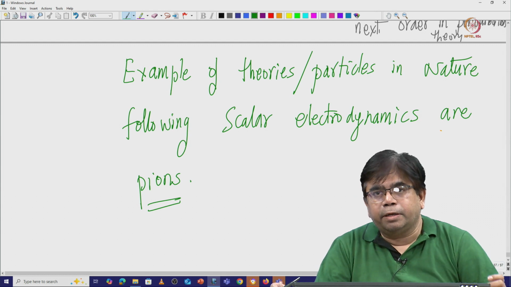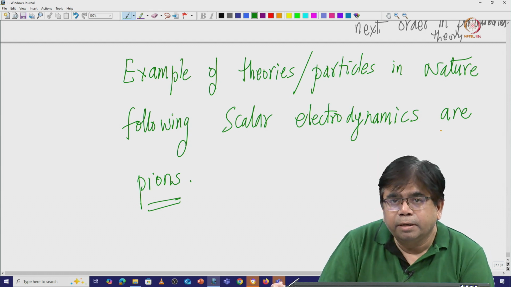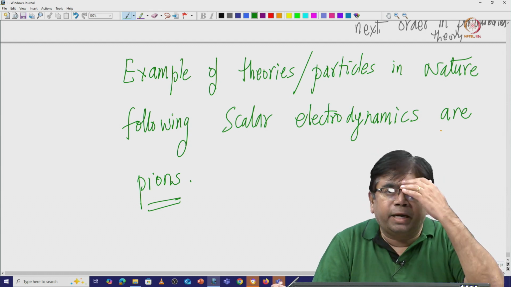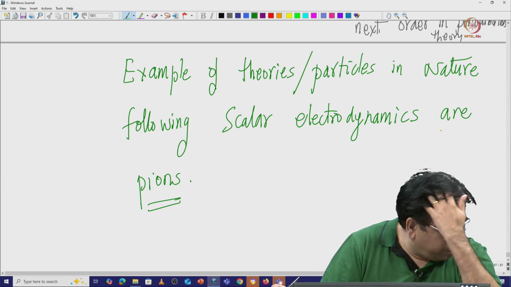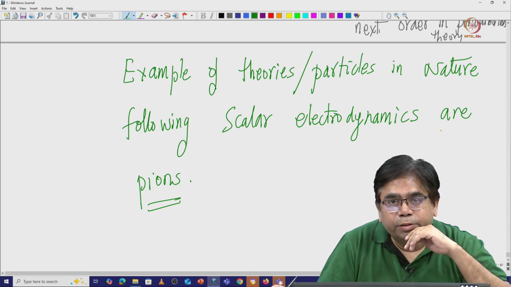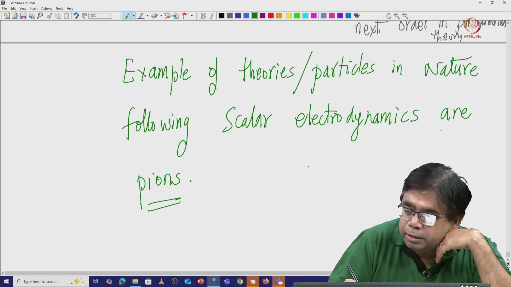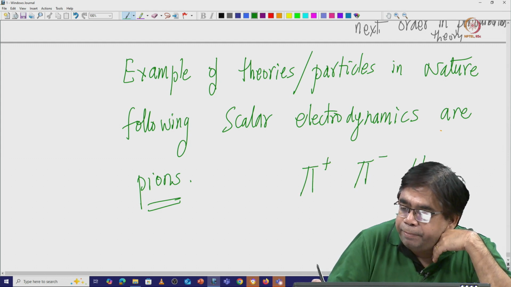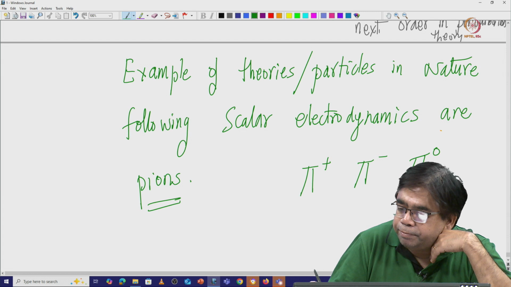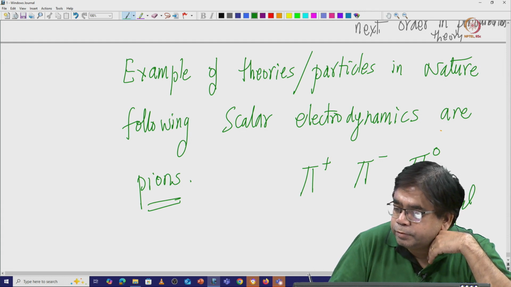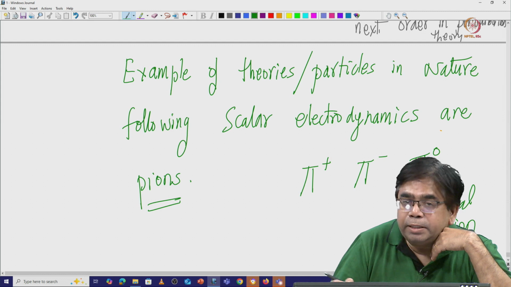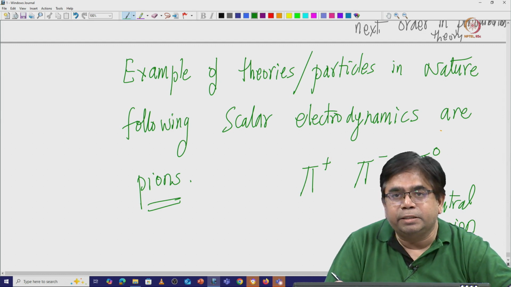Pions are fundamental particles essentially, which are made up of quark anti-quark pairs. So, these pions come in 3 varieties: pi plus, pi minus and pi 0. This is a neutral pion. And pi plus and pi minus are antiparticles of each other.